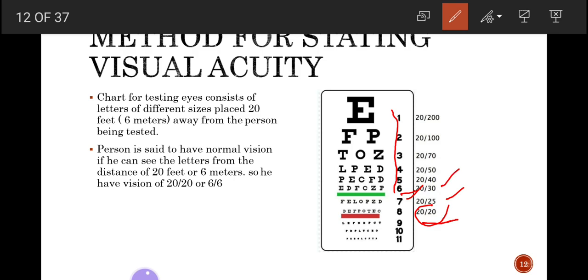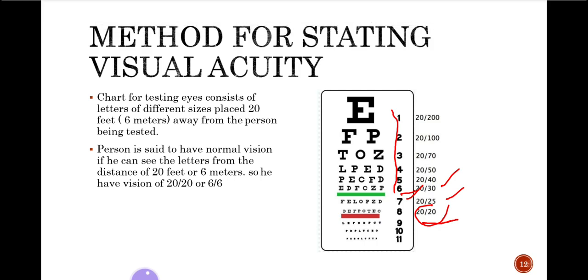Likewise, the line above shows that he is able to see at 30 where the normal person can see at 20. If somebody is unable to see any of the lines, then the next method is to count fingers, then hand movements. If the person is unable to see hand movements, then light is shown into the eye to see whether perception of light is present or not. This is performed during the practical examination, and in that case it is very important.